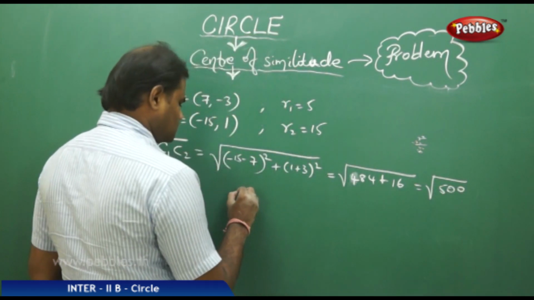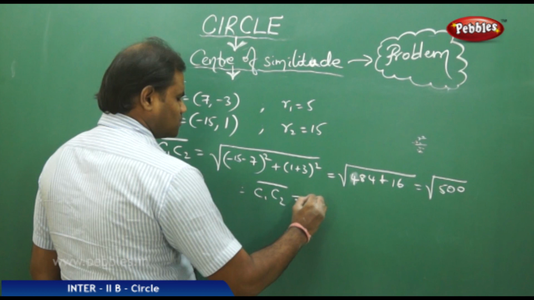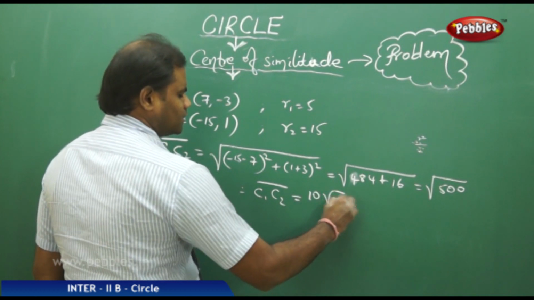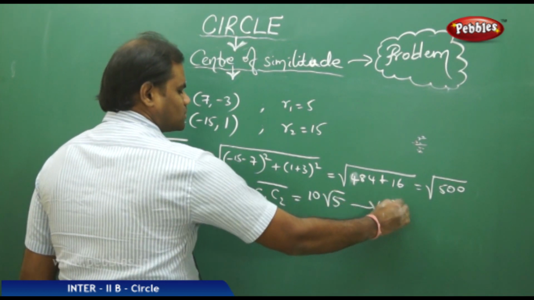Therefore C1C2 distance is root 500, that is 10 root 5.